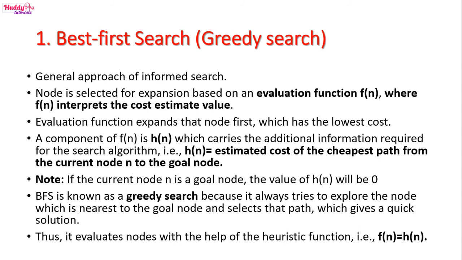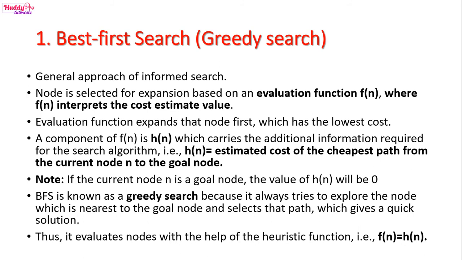The evaluation function will expand that node first which has the lowest cost. So at every state, we have to look at the node which has the lowest cost. That's what will be considered.